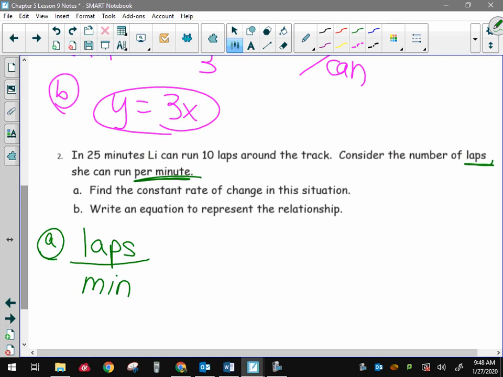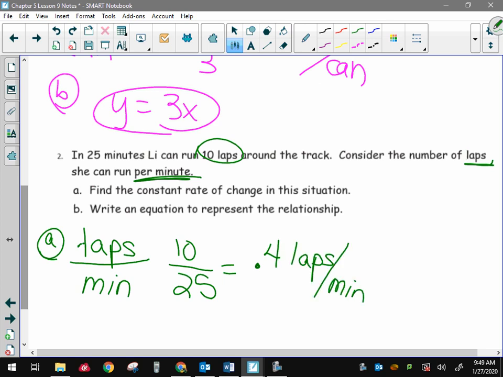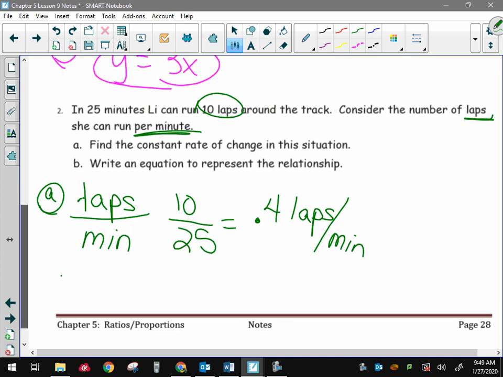What numbers am I going to fill in? 25. What goes in the numerator? 10 laps. 10 over 25. What am I going to do with those two numbers? Divide them. 0.4 laps per minute. She doesn't even run a half a lap in a minute. That's A. B. Who wants the equation?